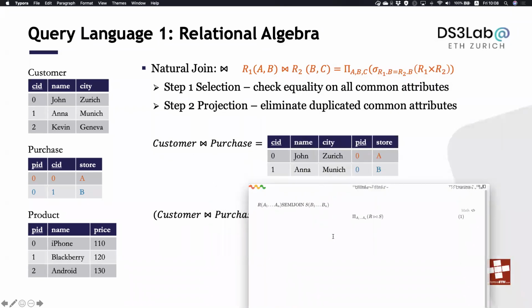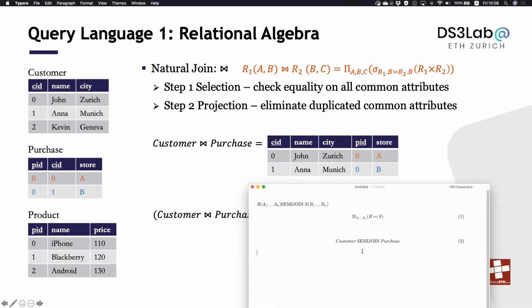Now we talk about this very concrete case. Customer semi-join purchase. Again, I don't know how to type semi-join. So I first join these two, then I get this table.